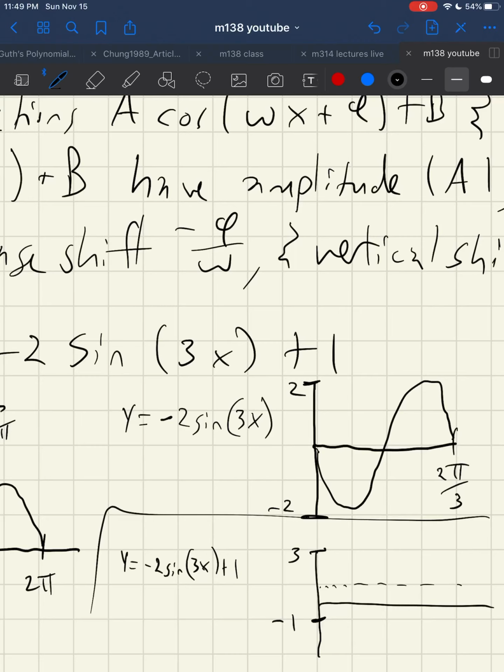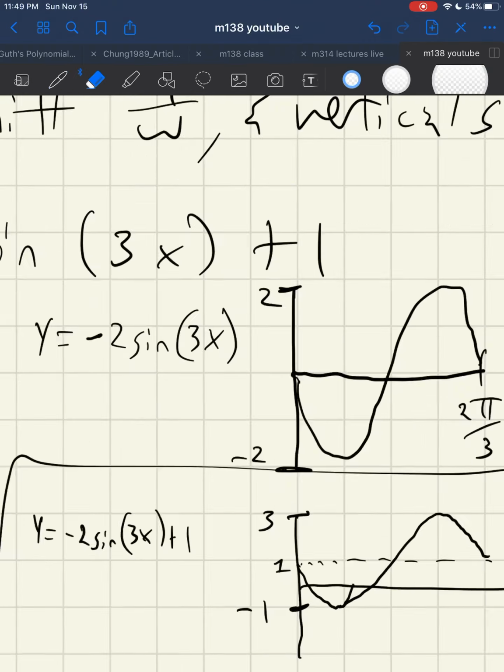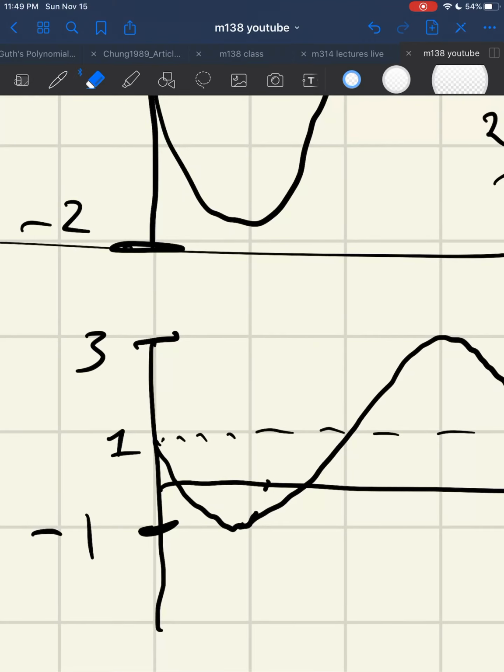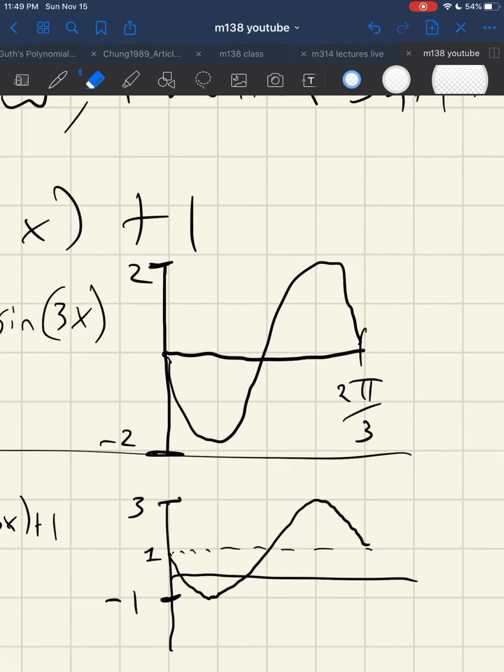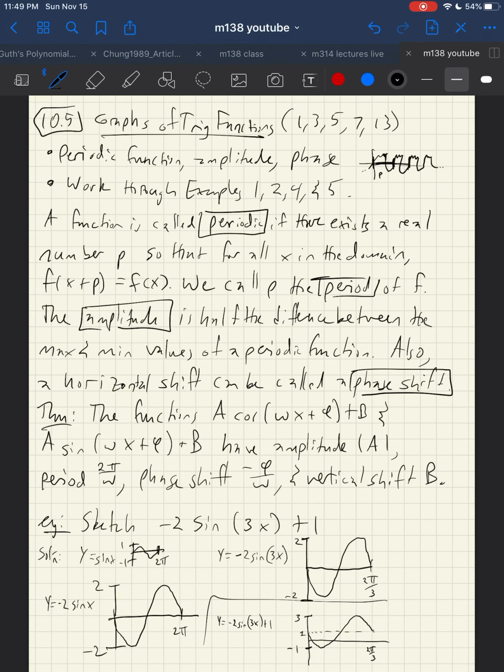So it's got this sort of new middle line up here at +1. We're going down to -1, then up to +3, and then we're ending at 1 there. Let's get rid of this mistake bit. And the period remains the same, 2 pi over 3. So that's going to be our final answer. I hope that helps.